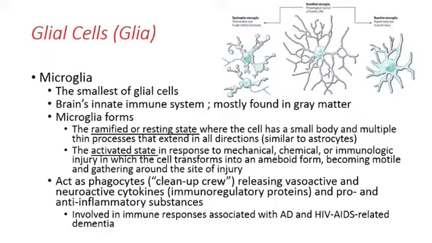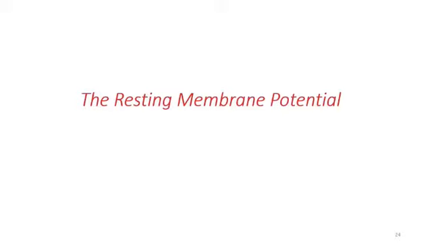Physical activity produces a lot of anti-inflammatory benefits, so we want to see how it affects the immune system, and then how physical activity affects specifically the functioning of the microglial cells through a particular gene. And then microglia are also involved in immune responses in HIV or AIDS-related dementia.